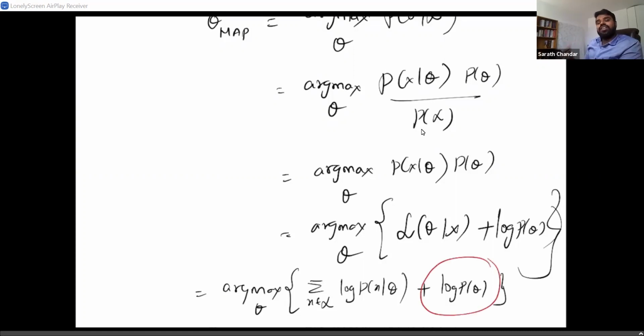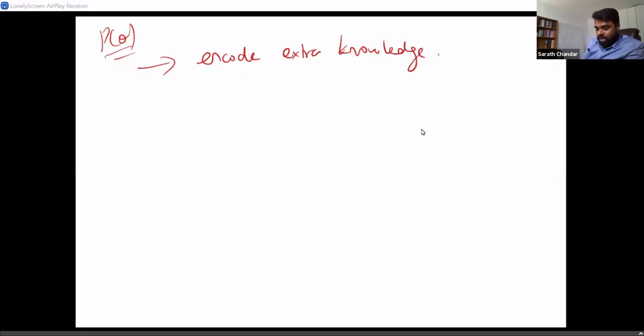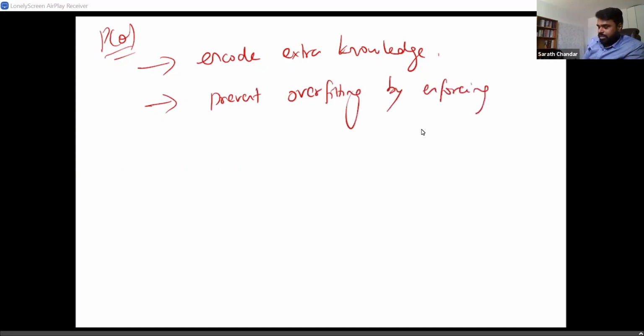Now this is a very useful term because you can actually add any prior knowledge that you already have. For example, you could use this P of theta to encode extra knowledge that you want to encode. You could even use this P of theta to prevent overfitting by enforcing preference to simpler models.